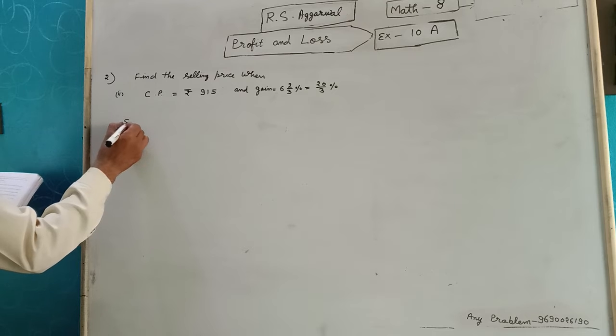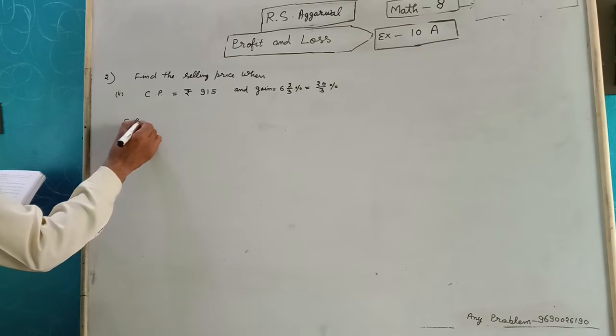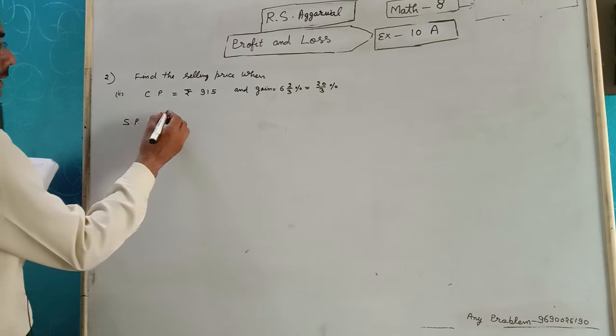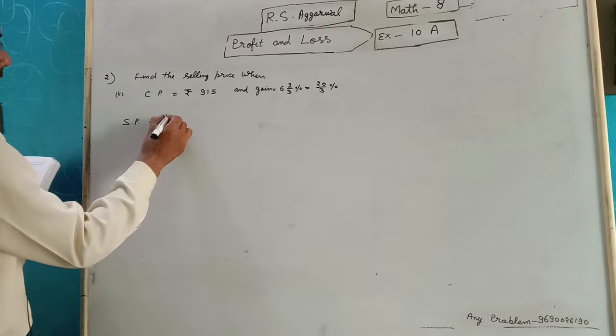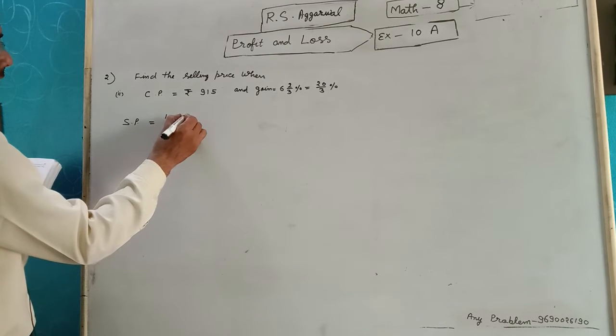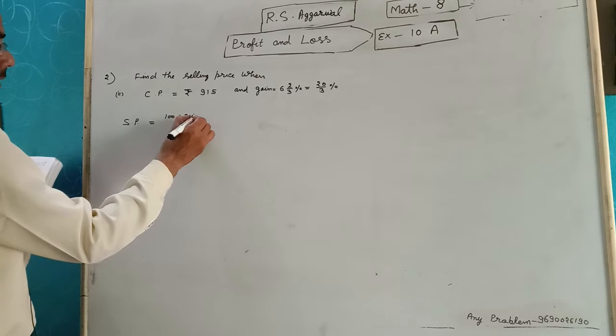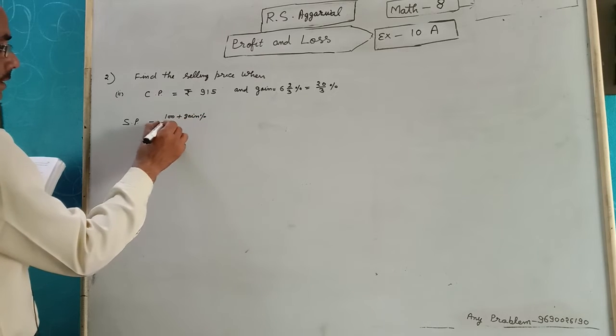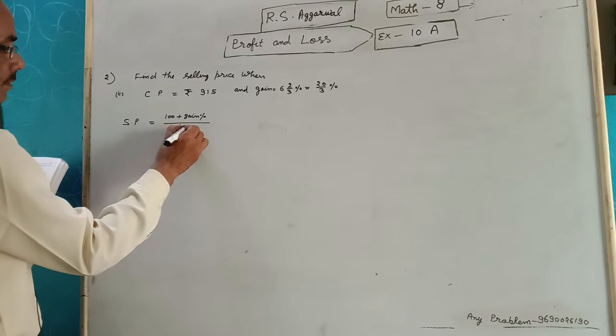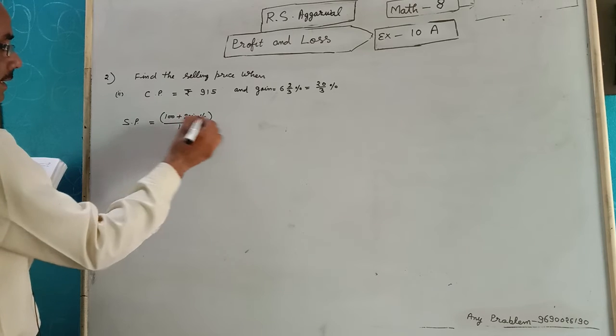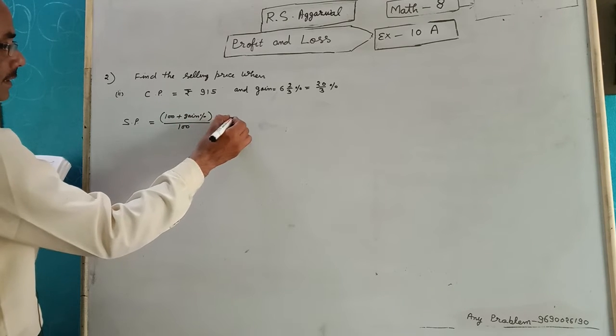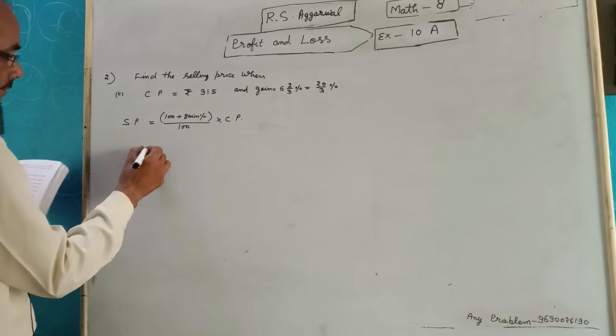Formula is SP is equal to (100 plus gain percent) upon 100 into CP, that is formula.